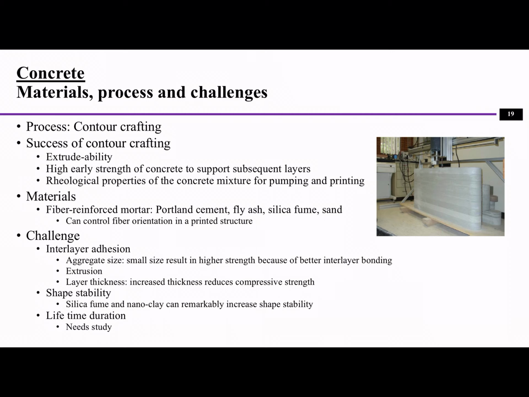Some of the challenges will be interlayer adhesion. A smaller size can result in higher strength because of the better interlayer bonding. So it really depends on the thickness of the print.